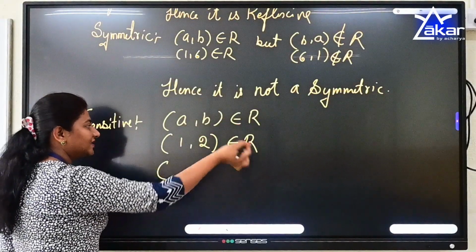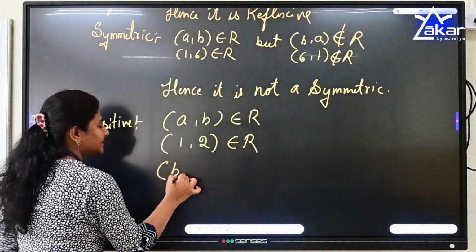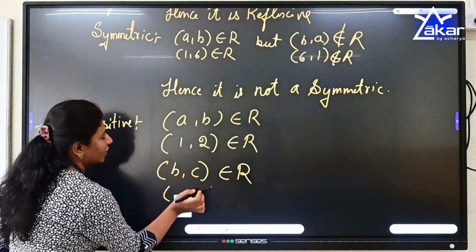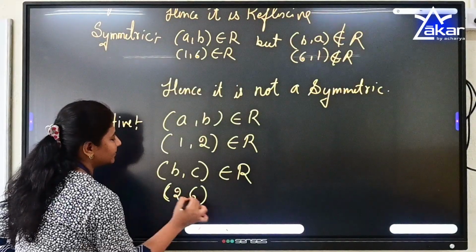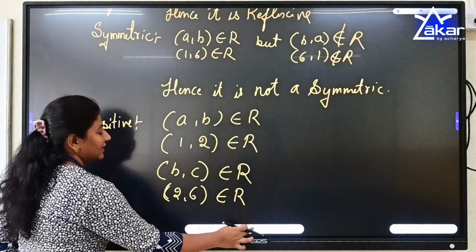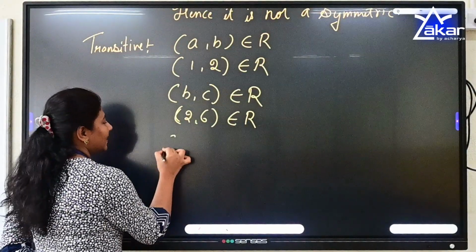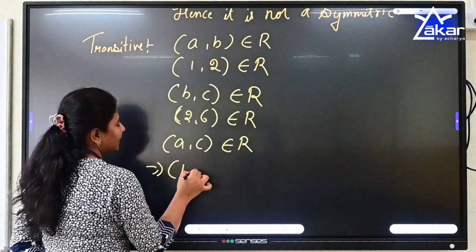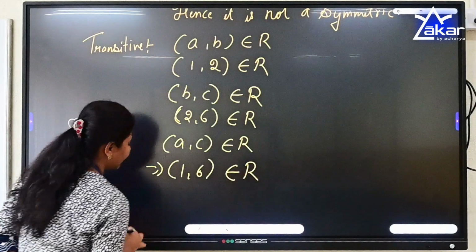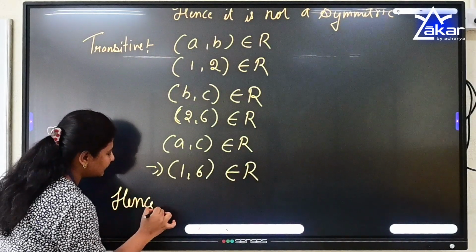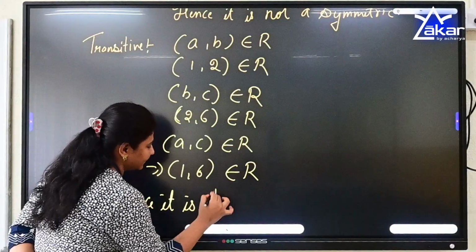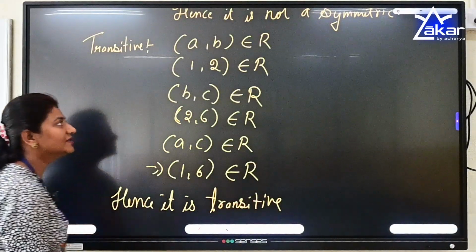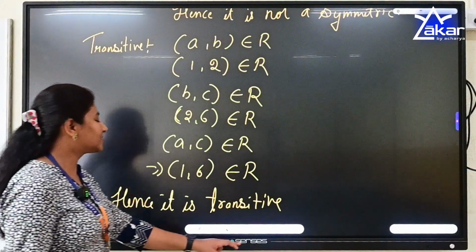B has to be linked with C. That is, B comma C should also belong to R. So this implies 2 comma 6 belongs to R. Next, the third condition is A comma C should belong to R. So this implies 1 comma 6 should belong to R. Hence it is transitive. It is transitive. The transitive condition is there.